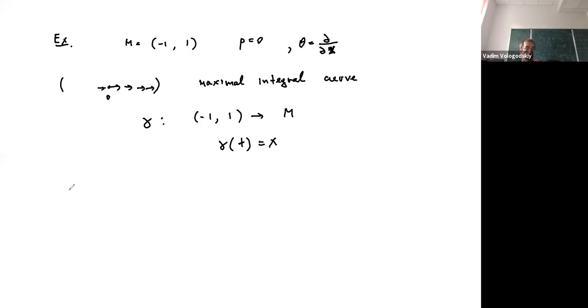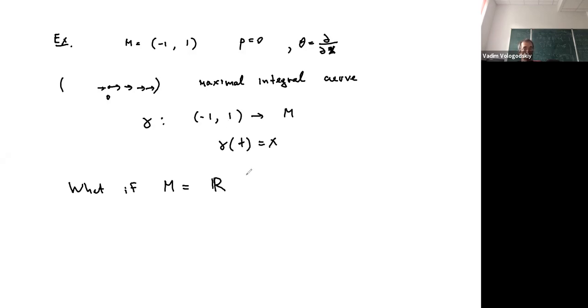And even if my manifold M is kind of big, like the real numbers, you can find an example of a vector field on R such that the maximal integral curve is still defined only on a finite interval.